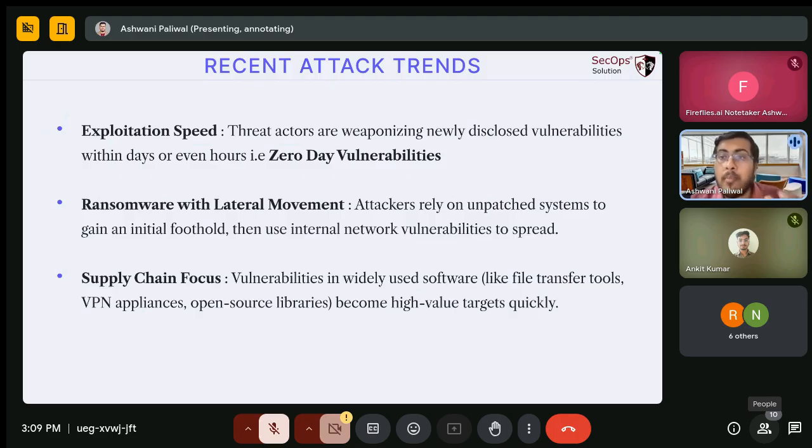Popular software used for regular operations that sit at the core level of your solution, like file transfer and SCP, are being targeted more, because that means they get full access to the system.